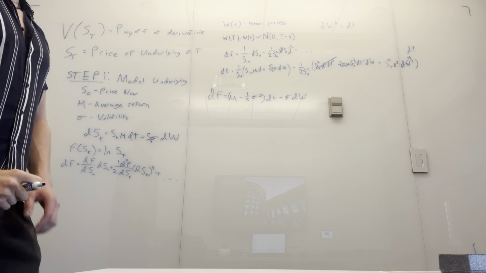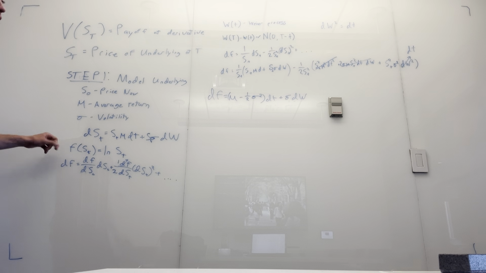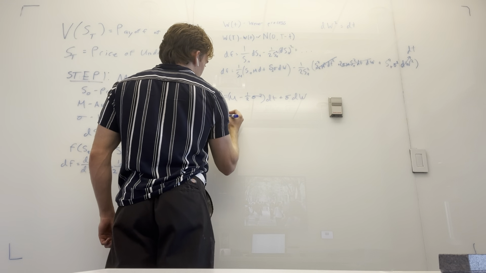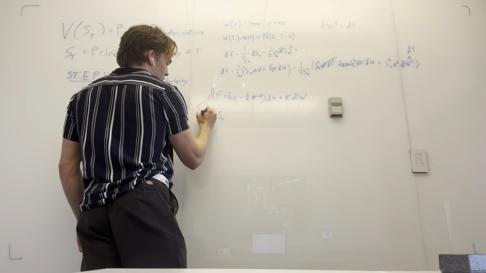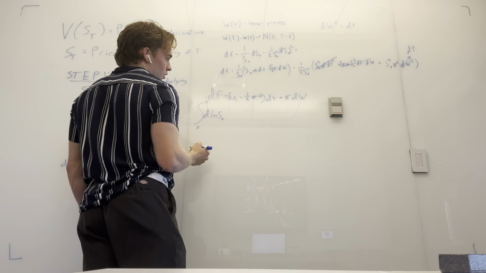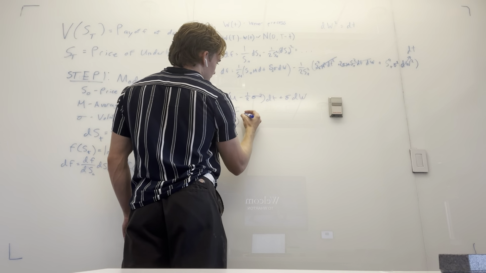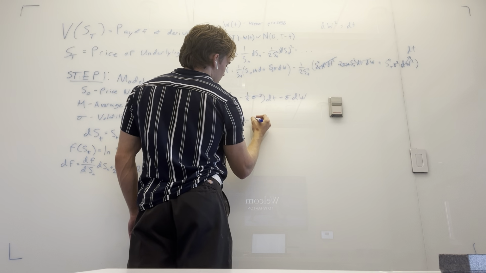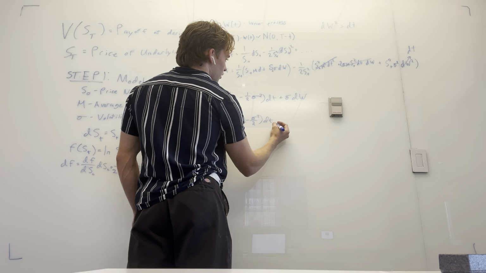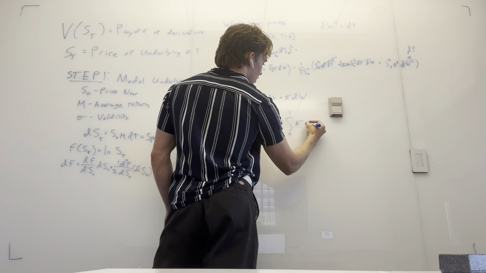Now, what is the advantage to this? Because all of this, remember, is coming from setting the logarithm of St. The reason we can do this is we can say that d ln of St is equal to this thing, so we can then integrate. We're going to integrate from 0 to big T for now, and we're going to say that's equal to the integral from 0 to big T of mu minus sigma squared over 2 times dt, and then we're going to say plus the integral from 0 to T of sigma dW.